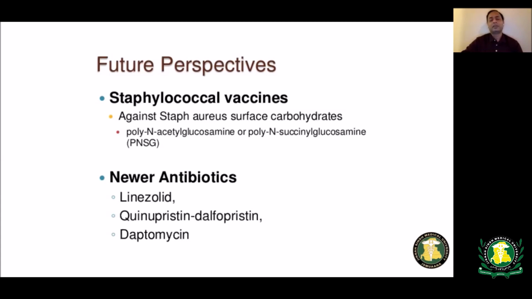So some of the new antibiotics, as I mentioned, linezolid is a new antibiotic and is being used in people who cannot tolerate vancomycin. Like you started the vancomycin and they develop C. difficile infection, or the patient is not responding to vancomycin.